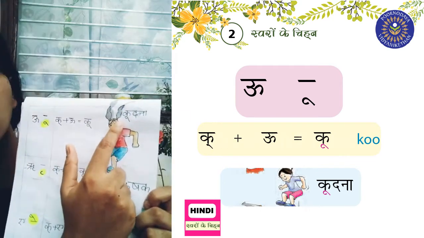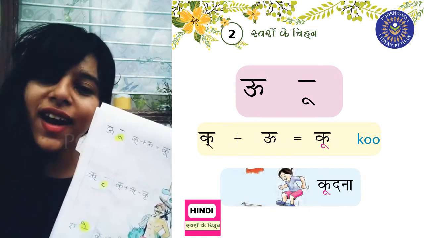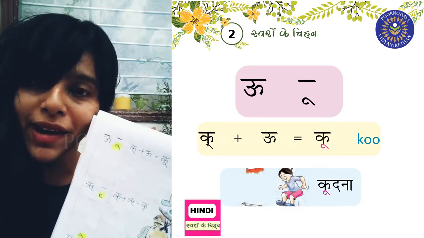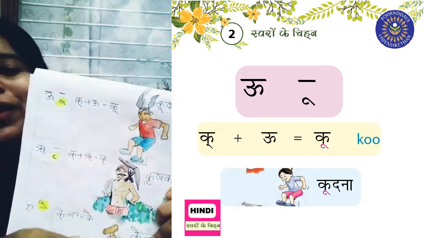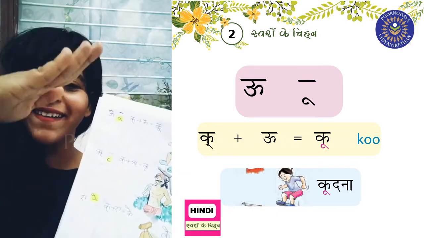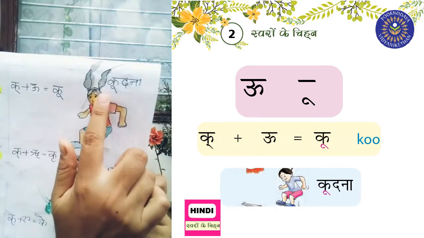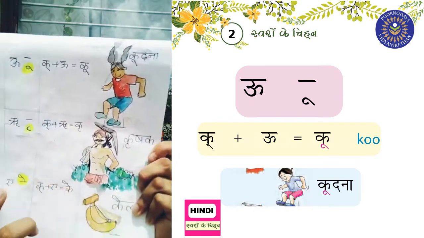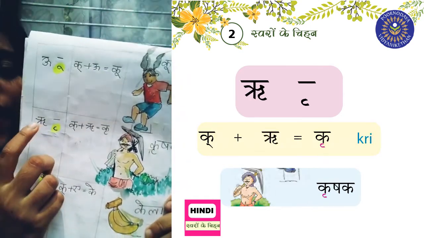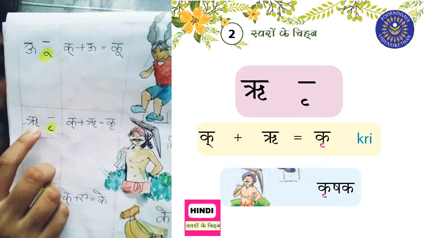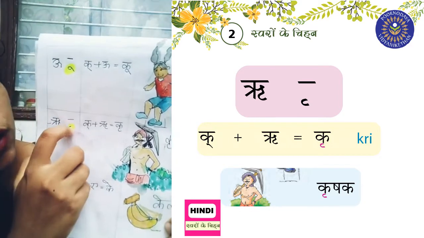What is this? Kudna. Kudna means jumping. You see this girl? She's jumping. कूदना. Then re is written like this, like a small c.